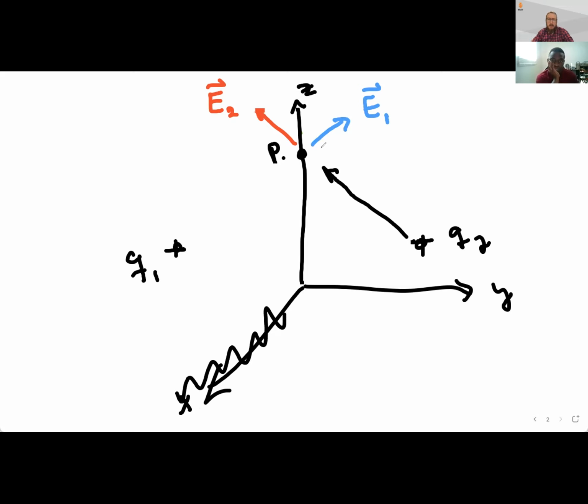Do you see how this would be E1Y, and then you also have E1Z, and you can break it up into those two parts.